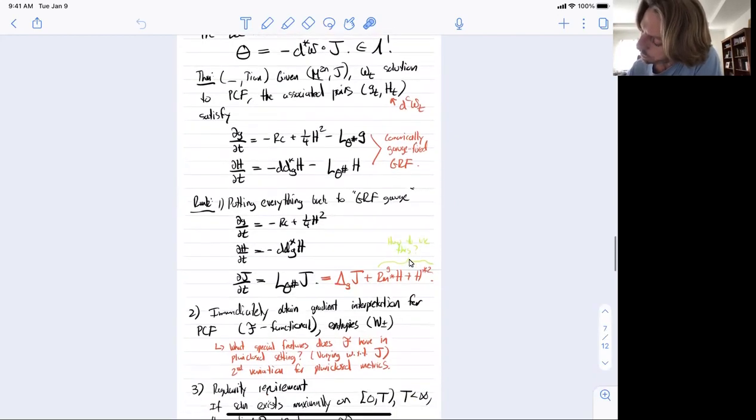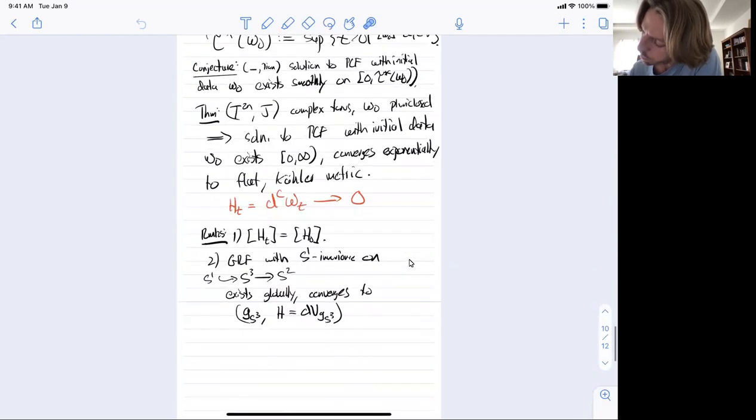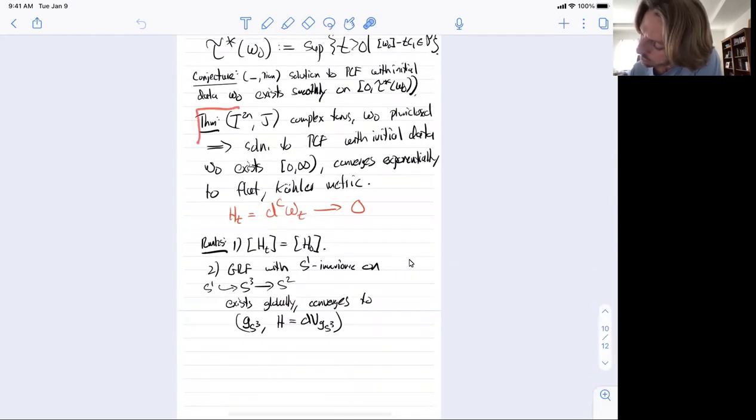discuss the proof of this theorem that I mentioned last time, that on a torus, the pluriclosed flow always has global existence and then convergence to a flat Kähler metric.